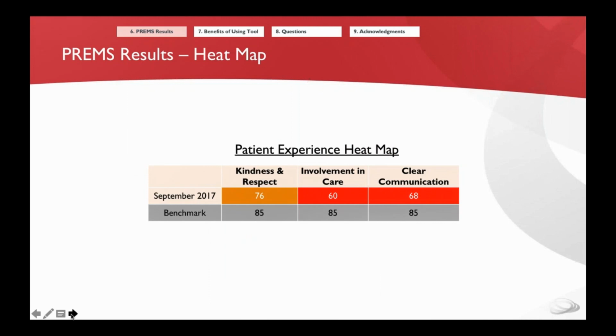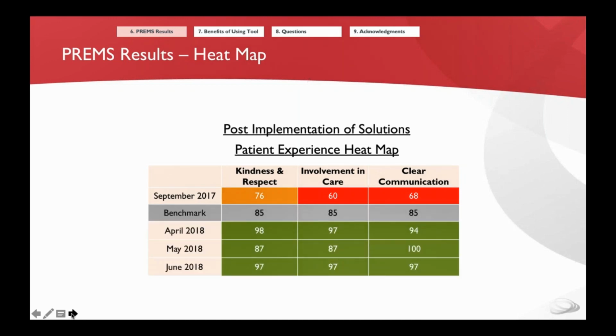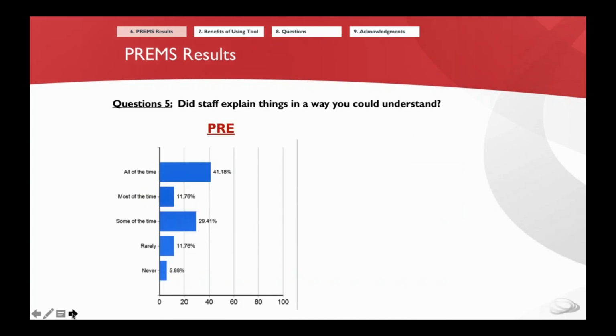They measured that feedback over time after introducing these solutions and engaging their staff in developing them, and they found a significant improvement over a 6-month period that was sustained over 3 measurement time points, which is really important around communication and involvement in care after the restructures.